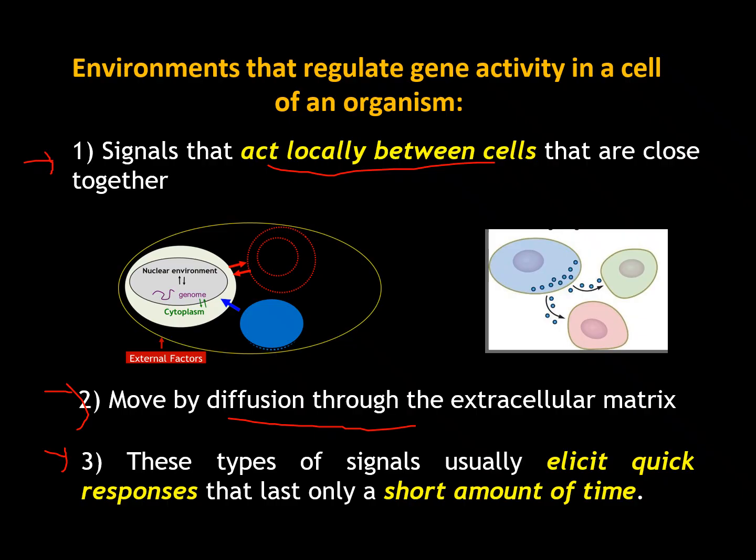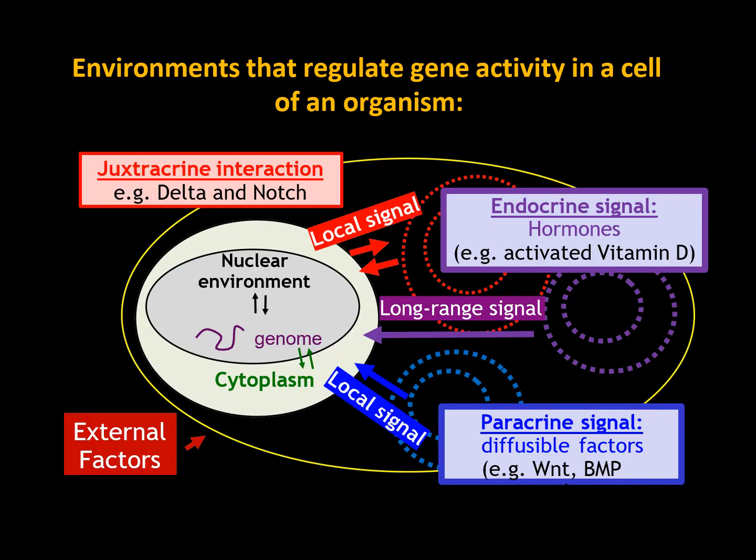And finally, this type of signal usually produces a quick response that usually happens for a short amount of time. So it's the opposite of what happens with the hormones, which are far and need to travel and can produce an effect that lasts for a long time. These paracrine signals have the opposite function, but in both cases they can produce changes in gene regulation.